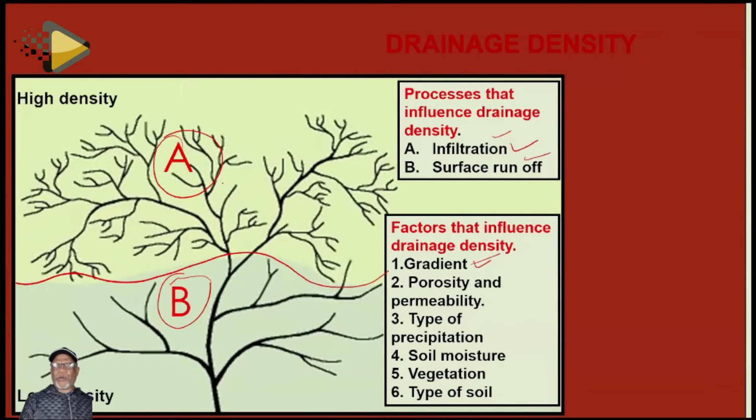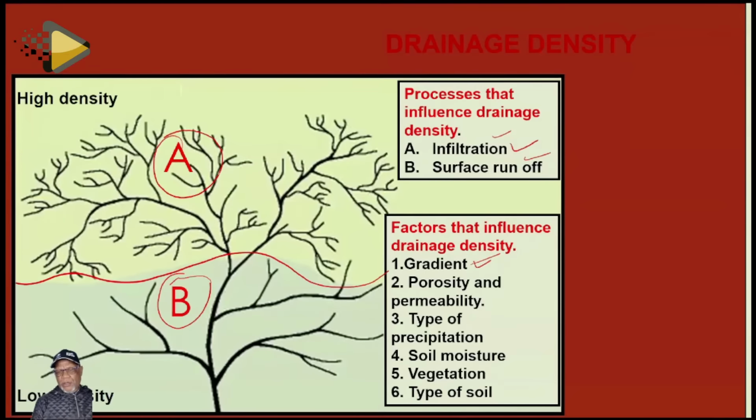What do you mean by low porosity? There are fewer pore spaces. Because of fewer pore spaces at A, there is more surface runoff and less infiltration. And that is why we have higher density.